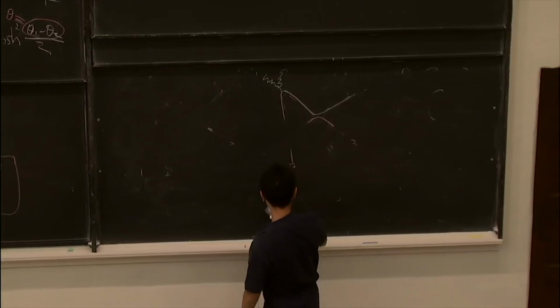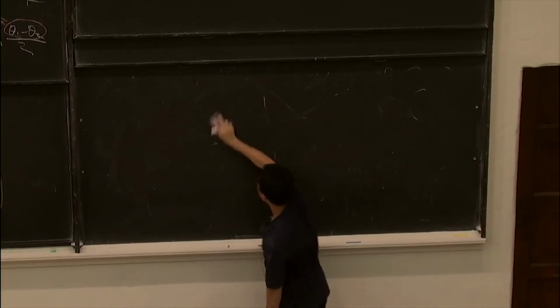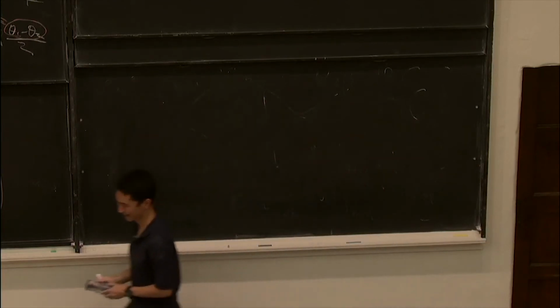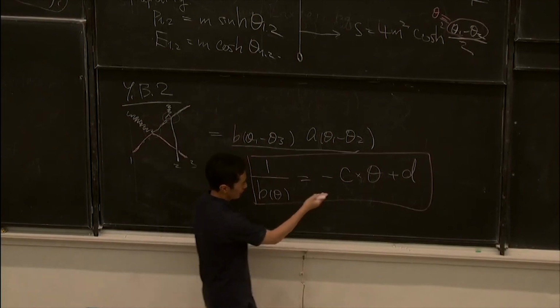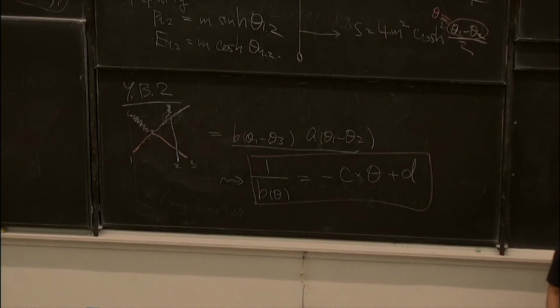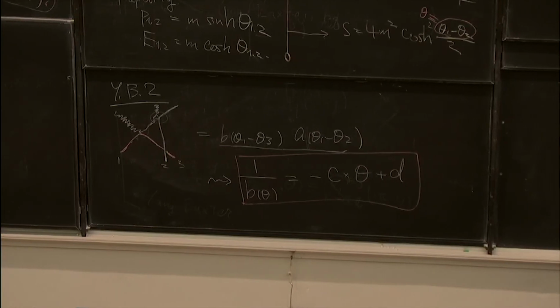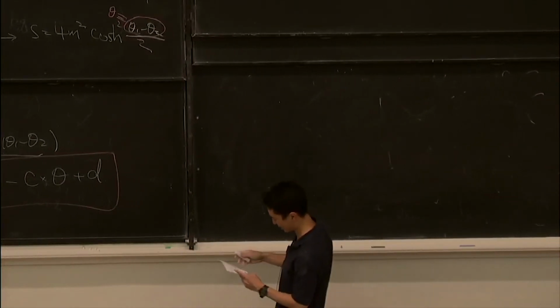Maybe I erased the wrong blackboard, but okay. So far we succeeded in computing A and B in terms of two unknown functions. But so far in the analysis, we didn't see any dependence on n. Of course, the final result should depend on n because we are studying the O(n) S matrix.